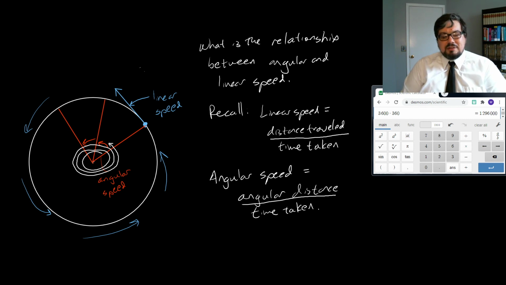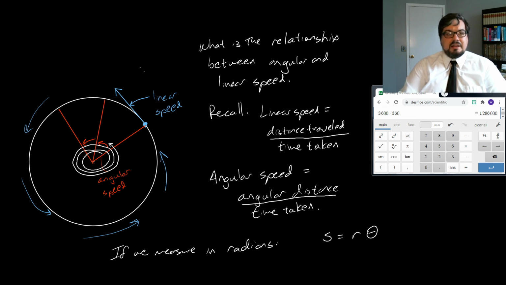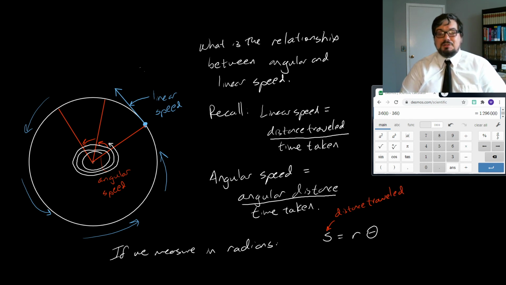Well, if we measure in radians, we have that S equals r theta. And let's remember what these are. The S is actually the distance traveled along this object's path. It's how far it actually travels along the arc of the circle.